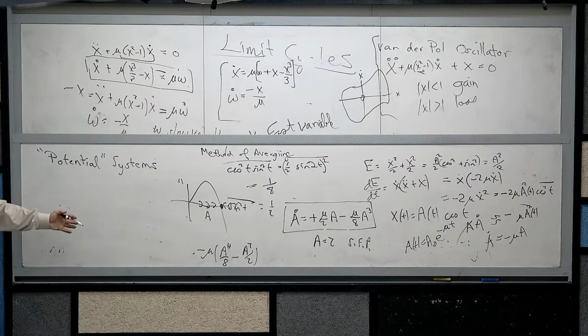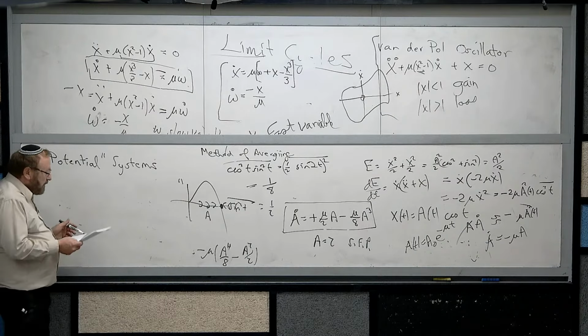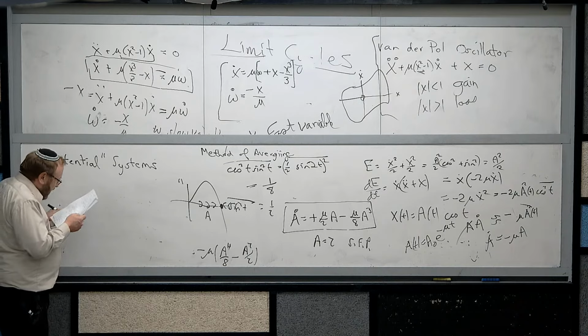In here, we're looking at a much broader class of systems that do other more interesting things, like limit cycles, which don't exist when there's a conservation law. Right? But if there's a potential, then you don't get a limit cycle. What's a potential system? It's very simple.